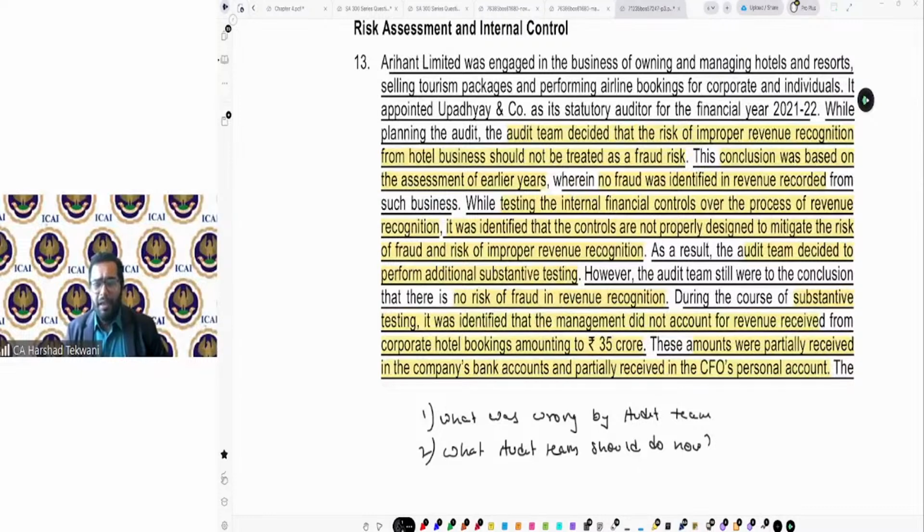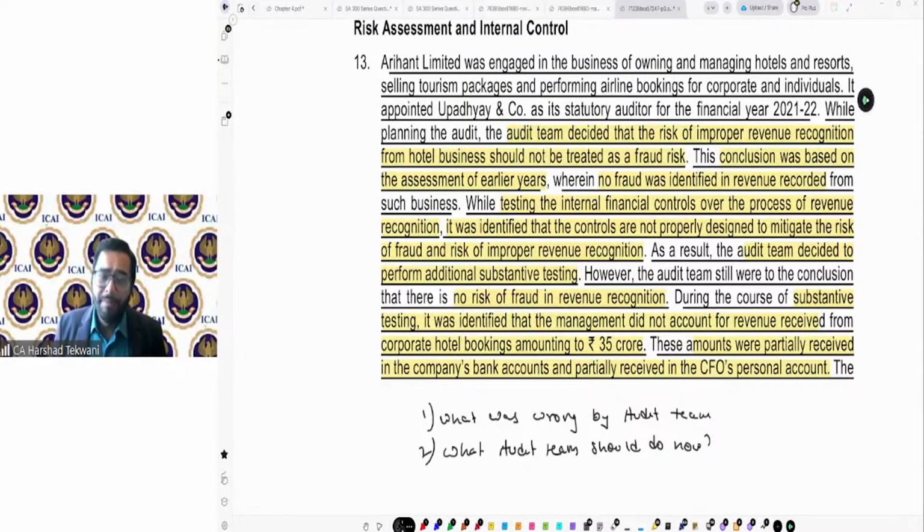50 marks, I think, somewhere will be, based on the standard, 50 to 55 marks only. All these standards together, half of your paper can come from these particular topics. And trust me, SA 315 and SA 330, which include understanding the entity, risk assessment, and internal controls, are the base for the audit.